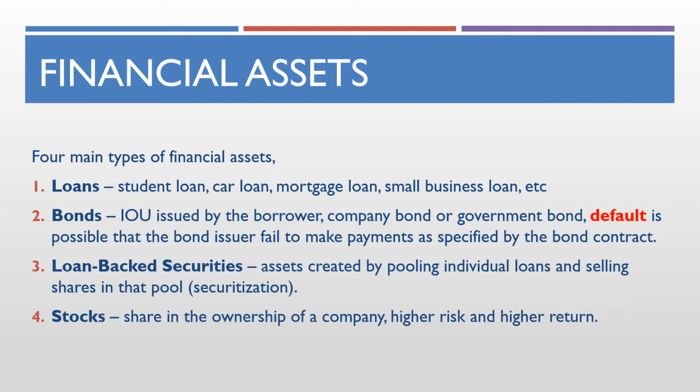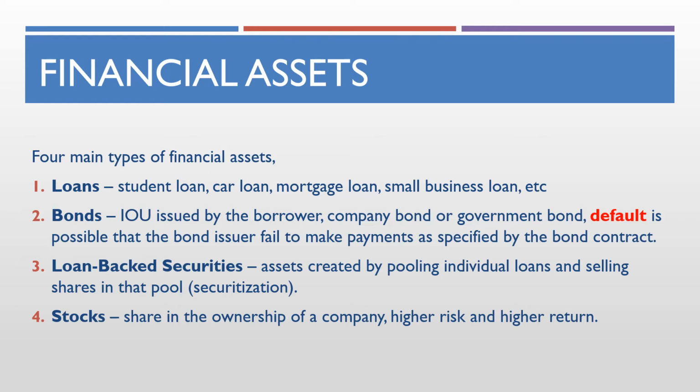Now, let's spend a few minutes going over some very common terminology about the financial markets. There are a total of four main types of financial assets that exist in the markets that help reduce the transaction costs of people. Let's go over them one by one very quickly.